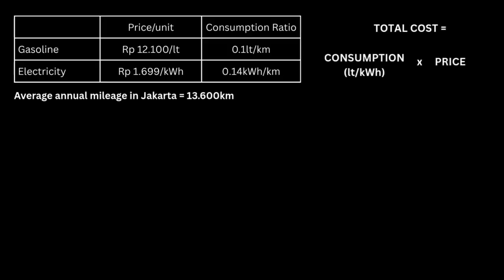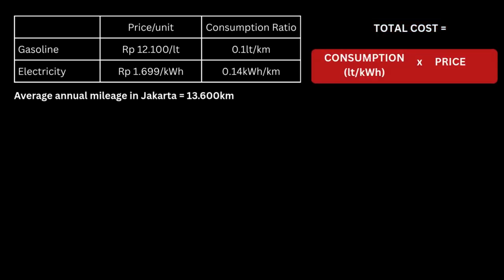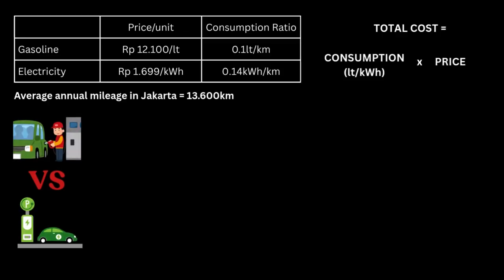So, how do we count the total cost? The total cost is equal to consumption in liters or kilowatt hours times price. So now, let's calculate the total cost of the gasoline car and the electric car. Based on the previous data, we know that the consumption ratio for gasoline cars is 0.1 liters per kilometer.